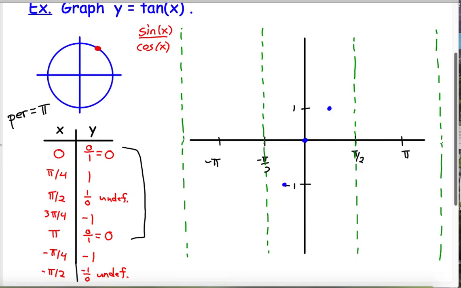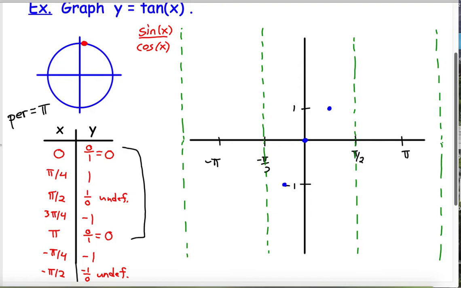Now as I get closer to pi over 2, the sine values, the y coordinates of that point, wind up getting closer to 1, but the cosine values, the x coordinate for this point, are getting closer and closer to 0. So we're taking numbers for the sine that are closer to 1, but we're dividing by smaller and smaller numbers.